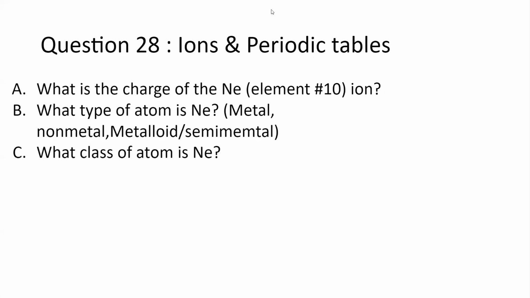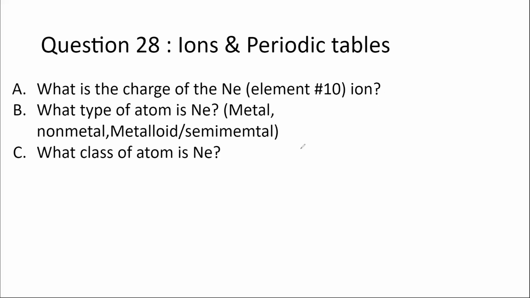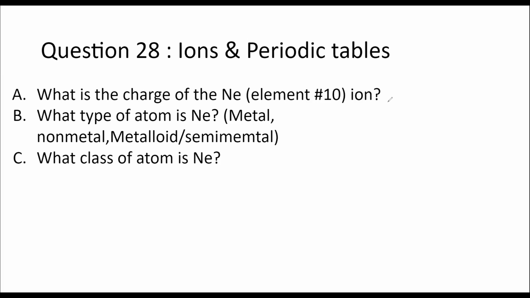All right. Neon. What is the charge of a neon ion? Well, neon doesn't form an ion, so neutral. What type of atom is neon? That's a nonmetal. Again, everything on the right, non-metal, anything on the left, metal. What class of atom is neon? That's a noble gas.